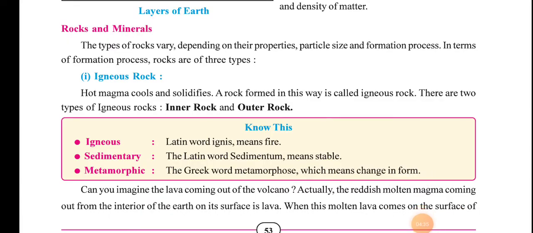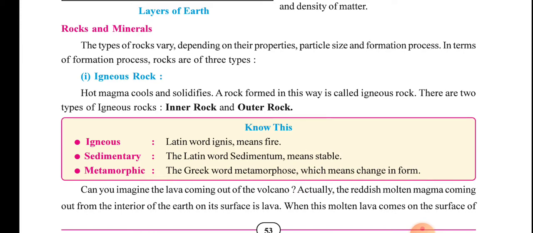So students, the first type is igneous rock. How do igneous rocks form? Due to the volcanoes. Hot magma cools and solidifies. A rock formed in this way is called igneous rock.